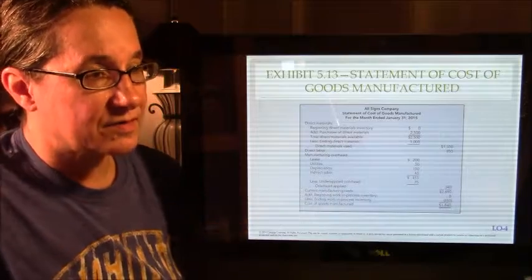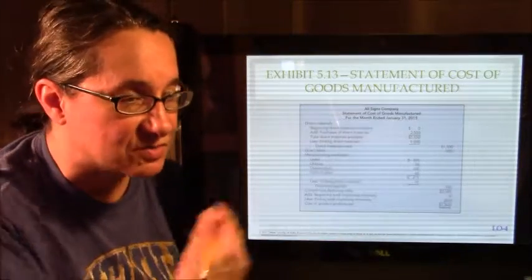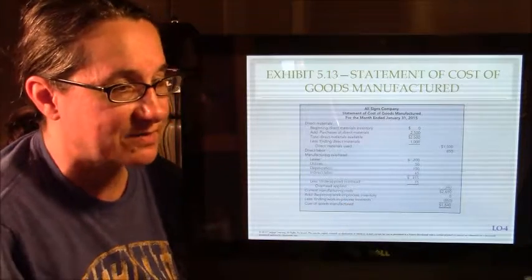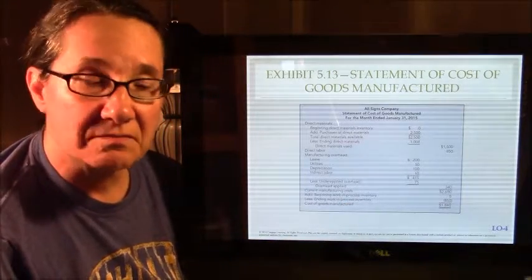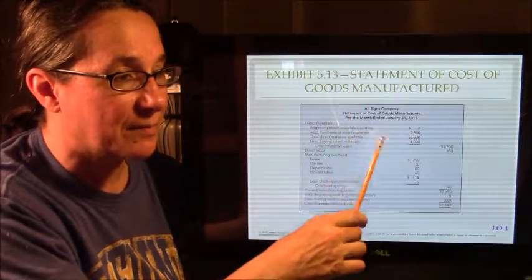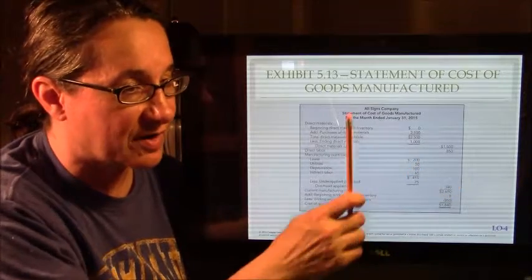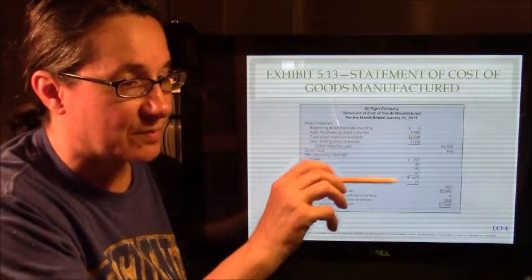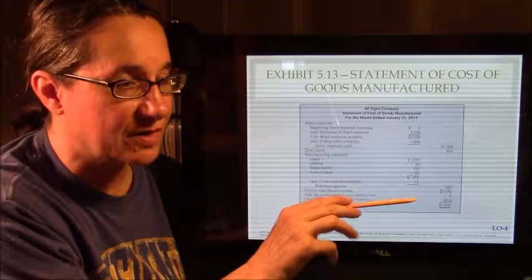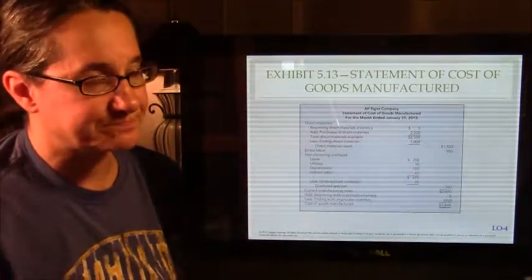All right. So in order to keep track of stuff, we report. The manager is going to want to report, what was our cost of goods manufactured this month? Well, here's the direct materials we used, here's the labor we used, here's the overhead we used, here's the overhead we applied, here was our beginning work in process, here's our ending work in process, so that means we manufactured this much.